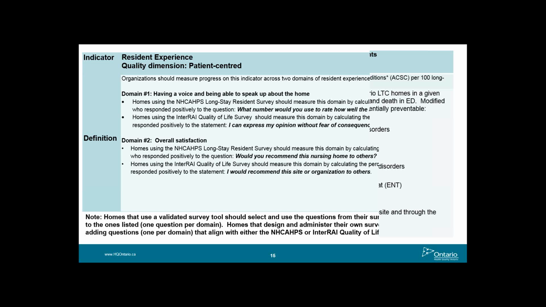And then for the potentially avoidable emergency department visits for long-term care residents, we know that last year we had a lot of issues with this particular indicator, because for the majority of long-term care homes, the acute case-sensitive conditions that we were looking at had numbers so small that the data was suppressed for the majority of homes.